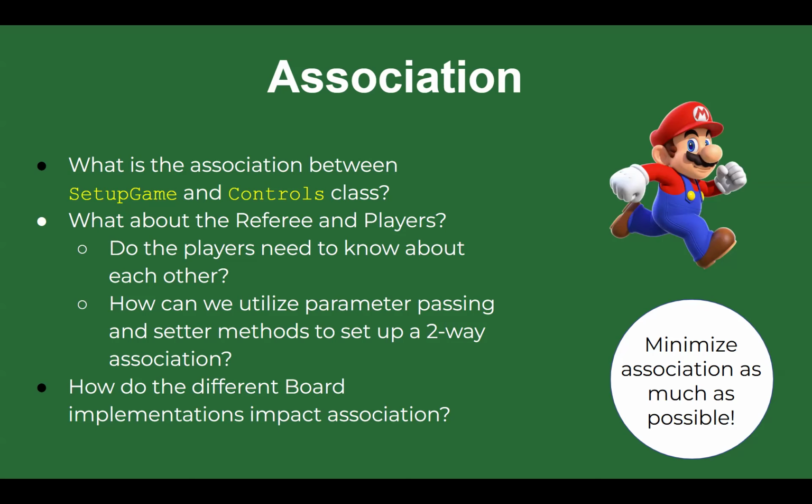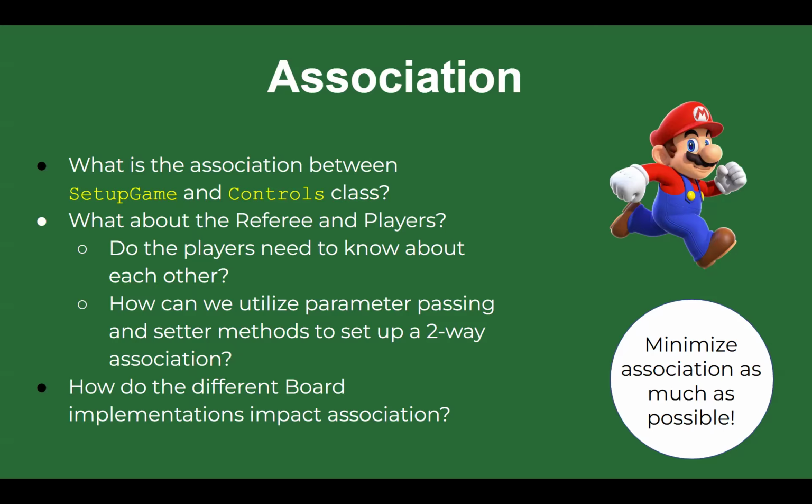And then think about the referee and the players. Do the players need to know about each other? And how can we utilize parameter passing and setter methods to set up two-way association? I think we talked about that. It's like component container association.